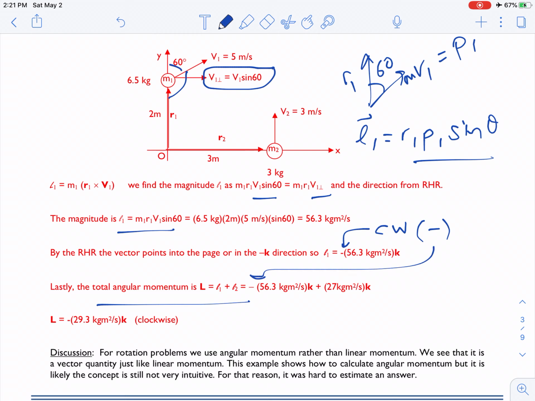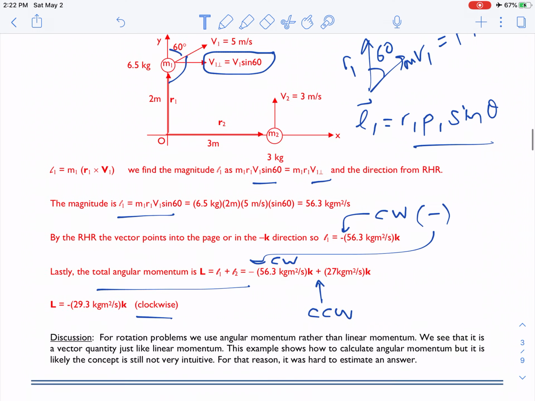Okay, this is negative, this is positive, because this is clockwise, this is counterclockwise. And then you just do the algebra, and you're getting negative. So it turns out L1 was much bigger than L2. So that's why the answer is going to be clockwise, because it's negative, as you can see. And that's the total angular momentum.